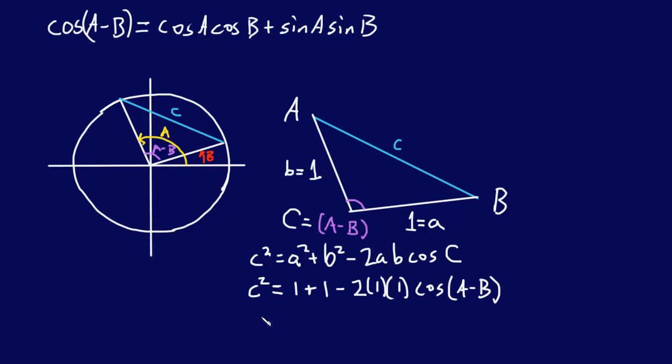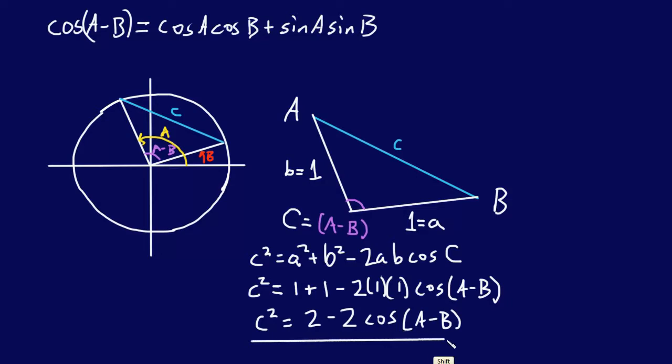And then we can simplify this further, and we get c squared is equal to 2 minus 2 cosine of a minus b. This was a result of the law of cosines.